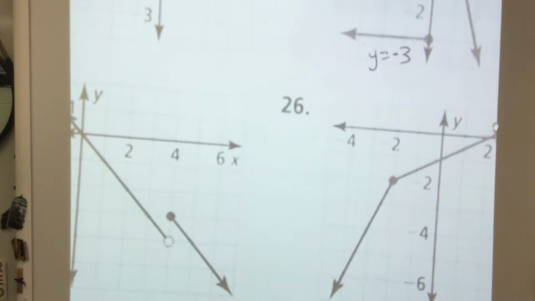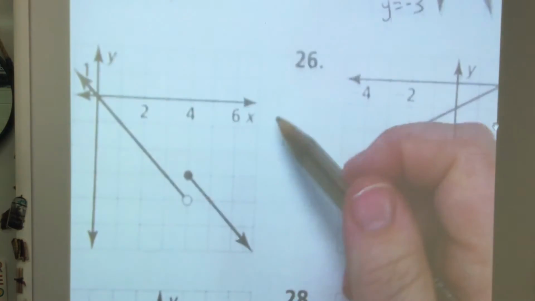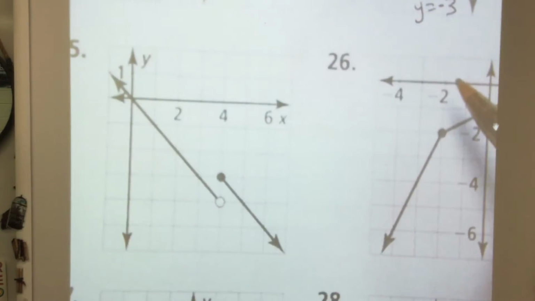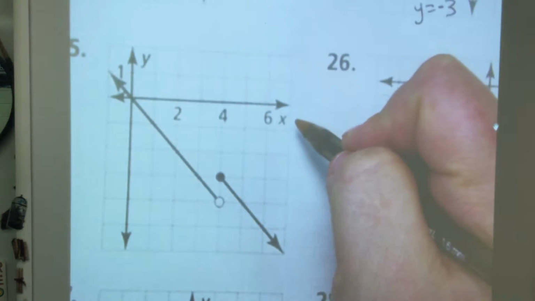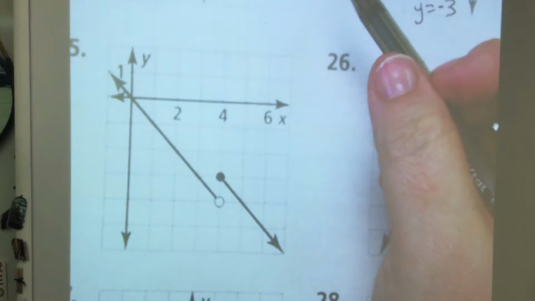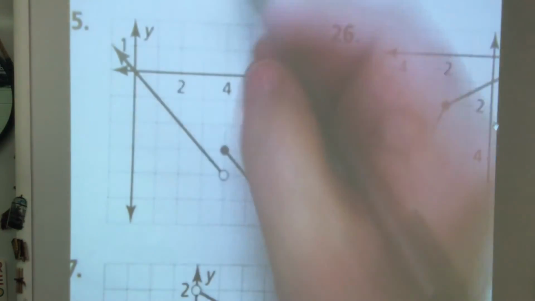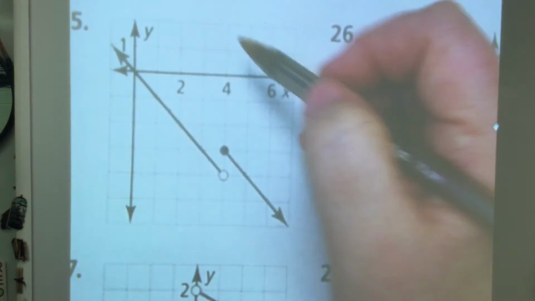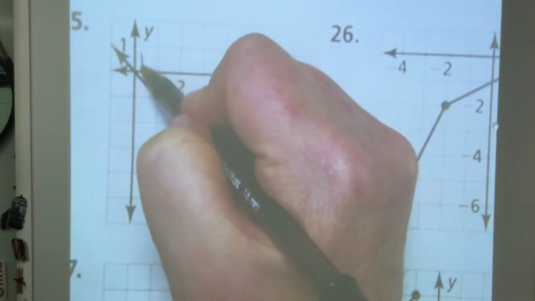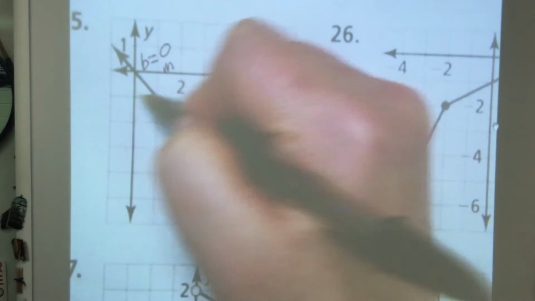Number 25. Looking at this, I'm just trying to decide where I want to write things on the paper. Let's see. So this equation has b equals 0 and the slope down 1 over 1.